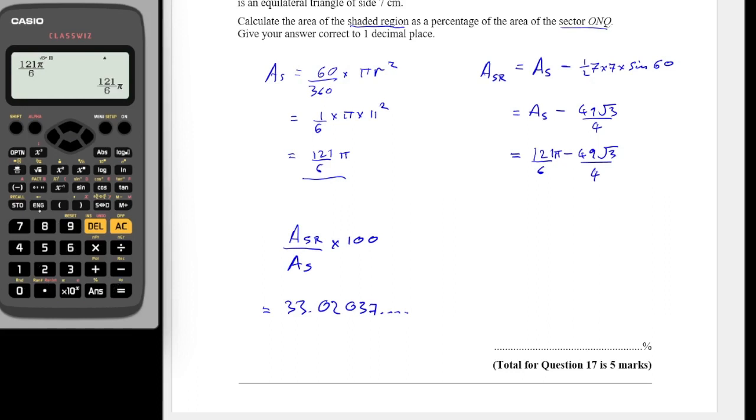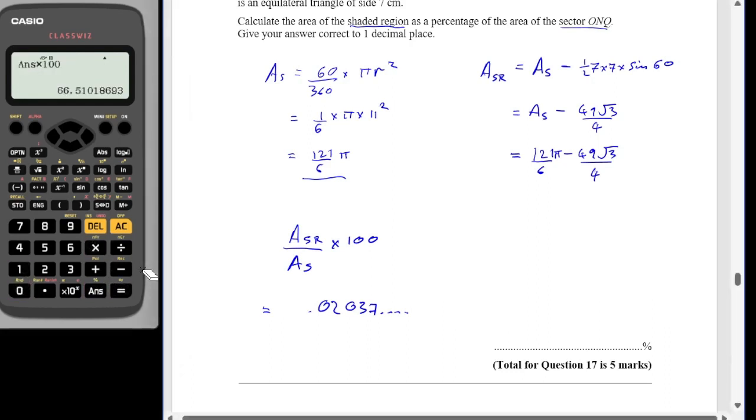So I want my answer as a fraction minus 49 root 3 over 4, divided by the answer, that's more like it, times by 100.